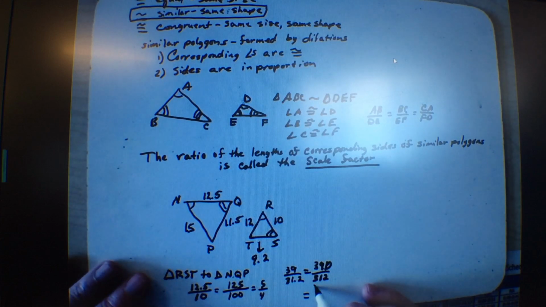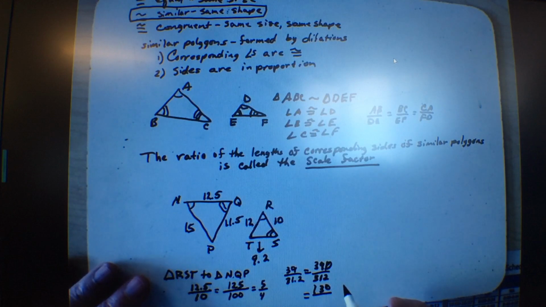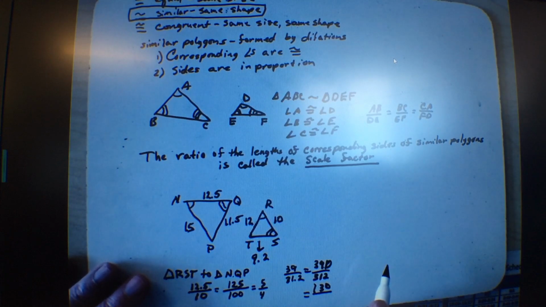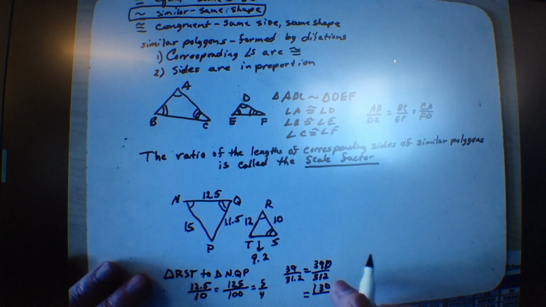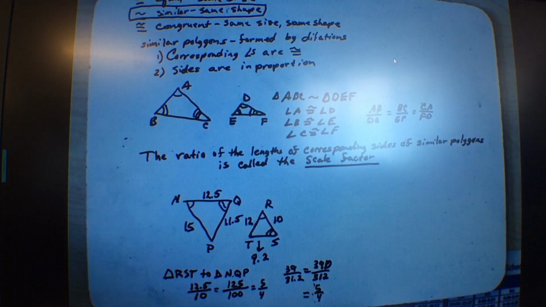Okay, by 3, so it'd be 130 over... You can go by 6. Okay, so it simplifies down to what? 5/4. Notice the perimeters are in the same ratio, but I'll warn you, the areas are not that way. Okay, the perimeters are in the same ratio.